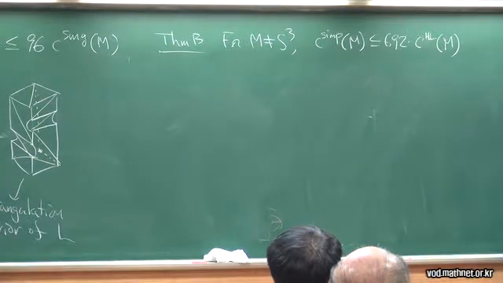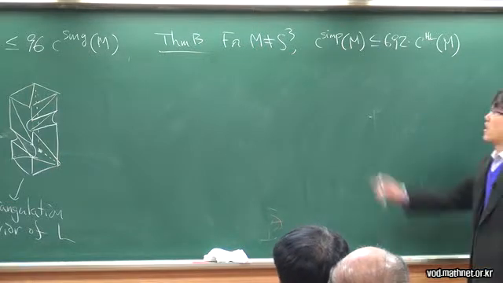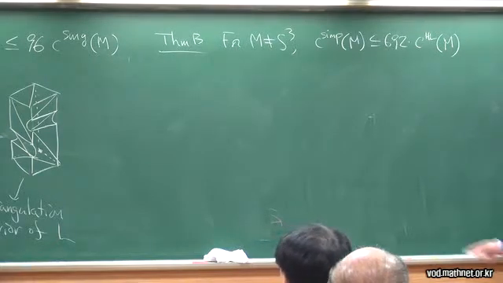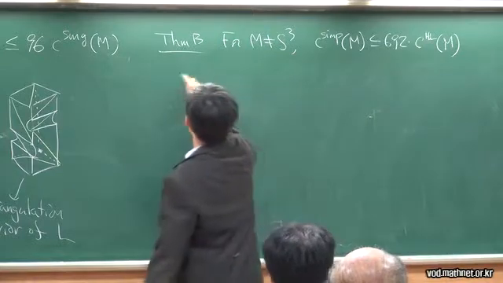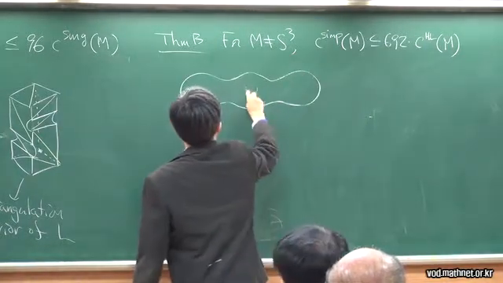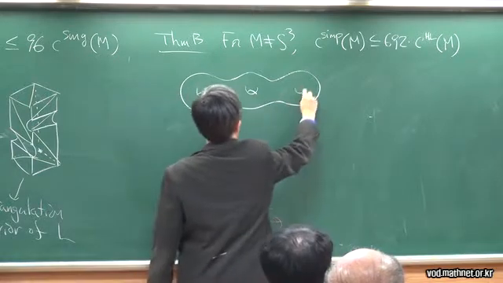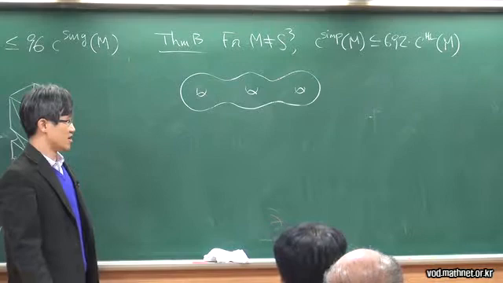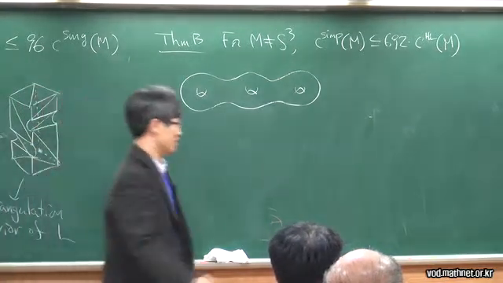If you read Rolfsen carefully, for instance, then you learned how to produce a surgery diagram, a surgery description, from a Heegaard splitting. The idea is this. Actually, it's Lickorish's idea, but I guess most of you learned this from Rolfsen.